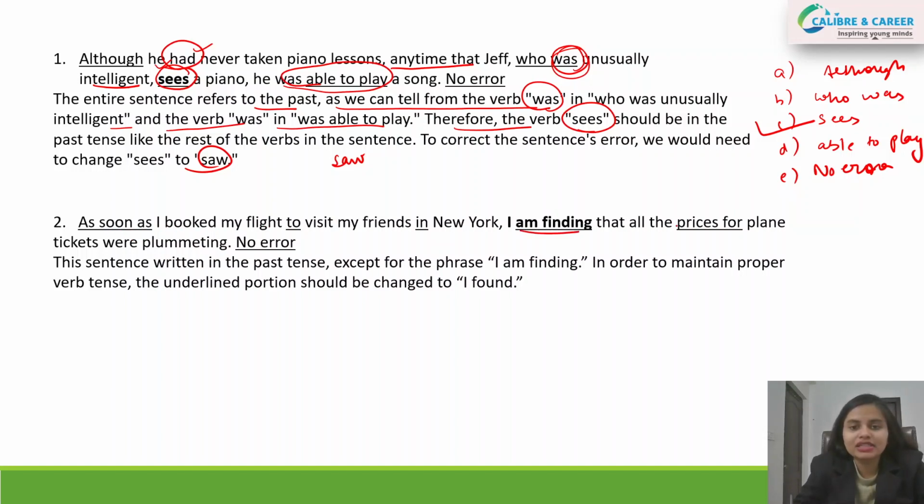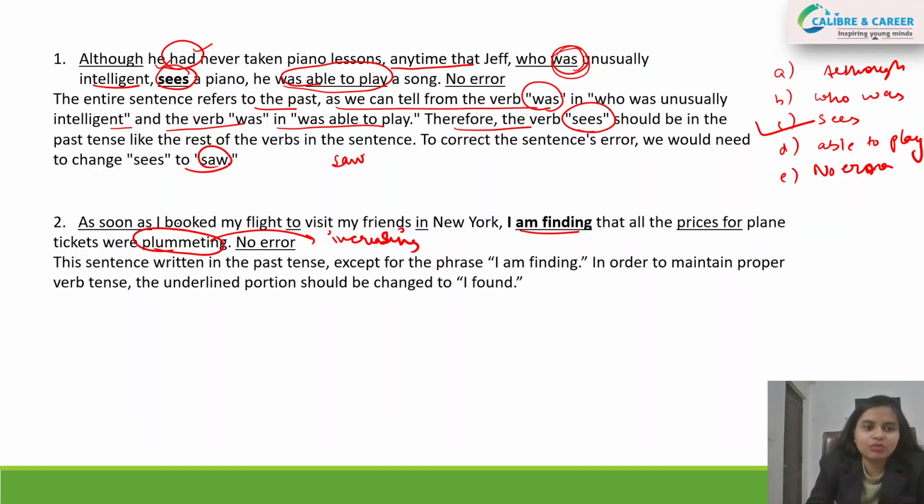I am finding that all the prices for plane tickets were plummeting. See, here you can look up new words for increasing. The prices for plane tickets, they were plummeting. Okay, plummeting, that you can say, means they were increasing. So the error will be in your I am finding.